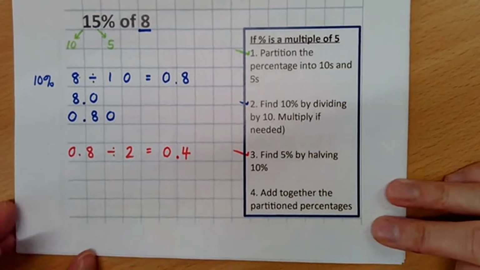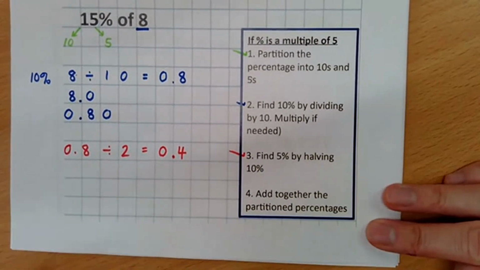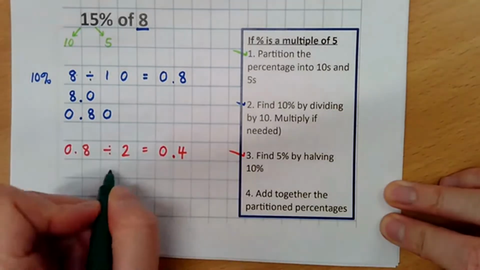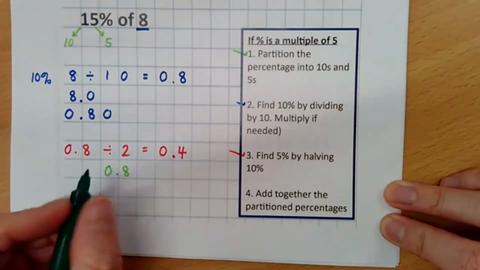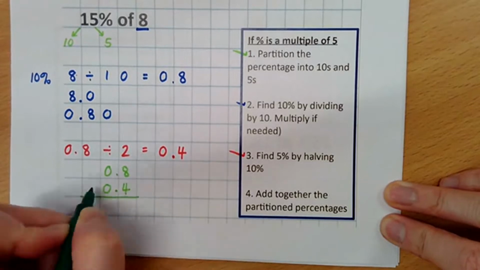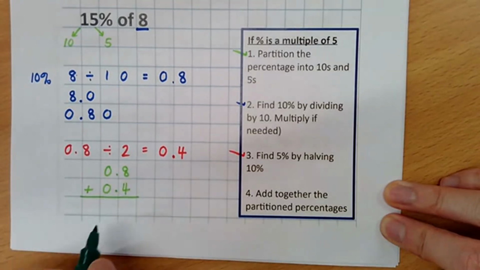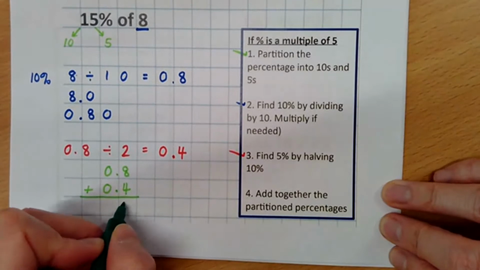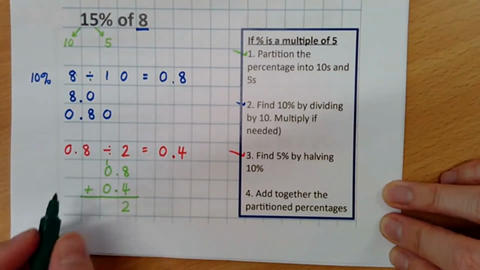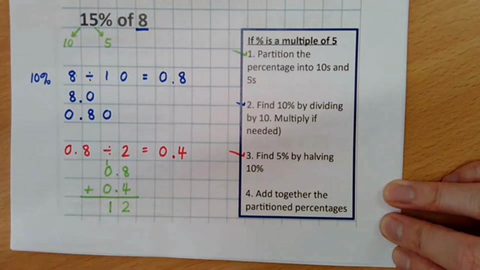Remember, when I'm adding decimals, I need to make sure that the decimals are lined up. Good. So 0.8 plus 0.4 equals 8 plus 4 equals 12. And 1 plus 0 equals 1.